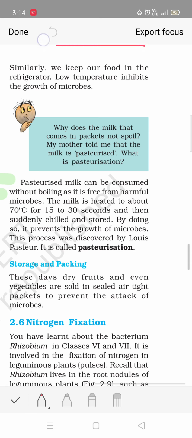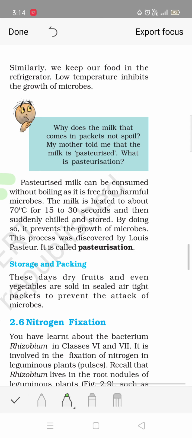Similarly, we keep food in the refrigerator also. Low temperature inhibits the growth of microbes. So both boiling and cold treatments are used to preserve the food.